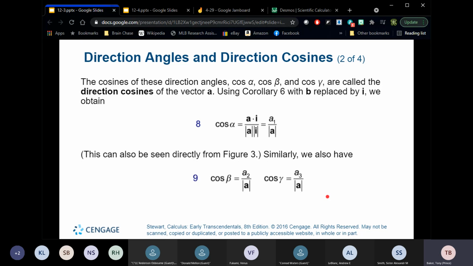All right, to calculate those directional angles, we'll use alpha, beta, and gamma. So it's basically the angle to the x-axis, the y-axis, and then the z-axis. These are Greek letters. I can't remember what the Greek letter is for that one.